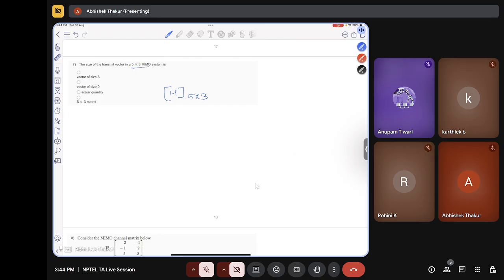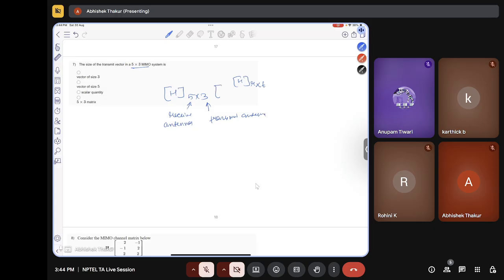So there are 5 receive antennas, because H is R cross T. The first term, the number of rows, is the number of receive antennas, and this is the transmit antennas.